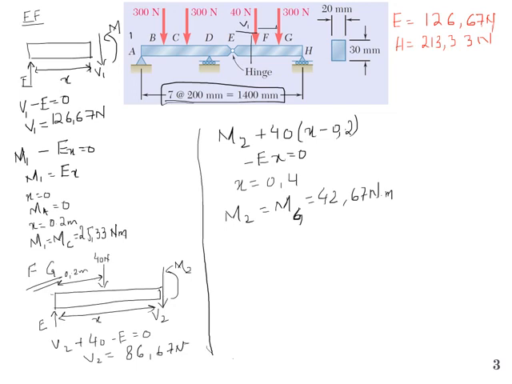Okay, and if I put x is equal to 0.2, this expression will become 0 and it will come back to the value of M1, that is at point C.